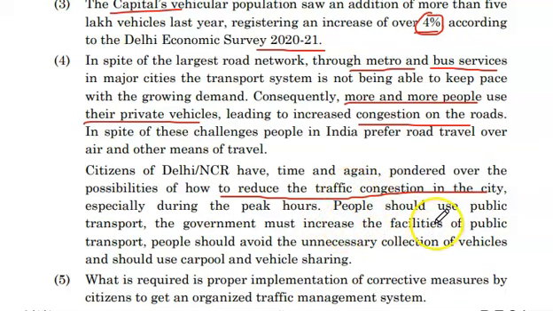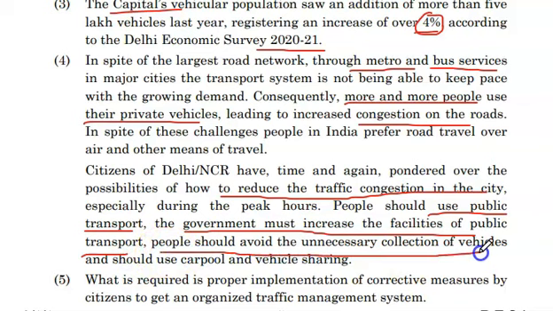So what are the suggestions? Use public transport. The government must increase the facilities of public transport. Three, people should avoid unnecessary collection of vehicles and should use carpool and vehicle sharing.